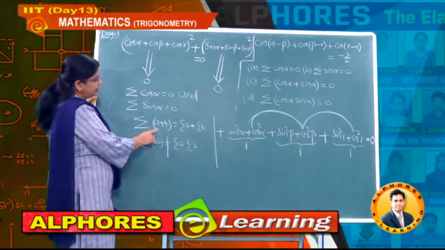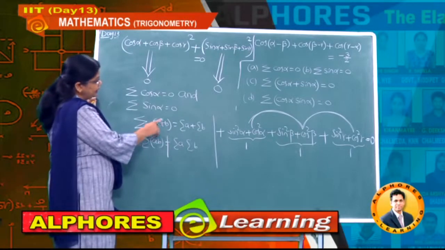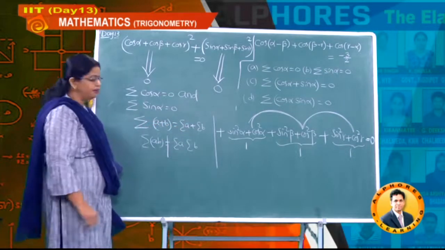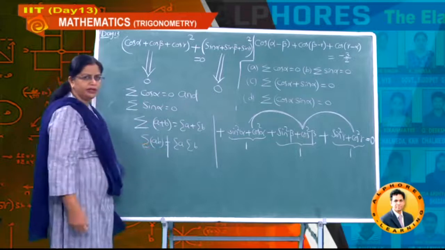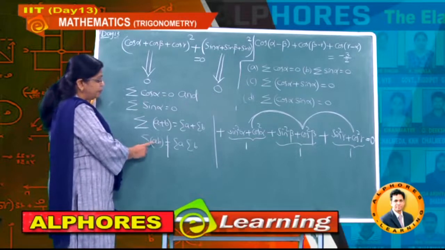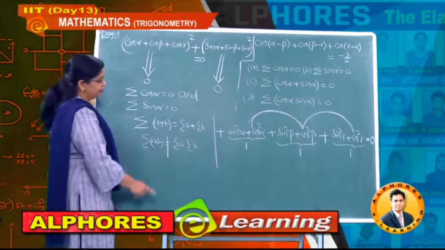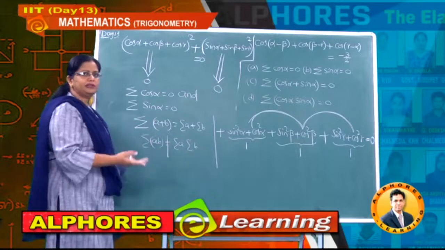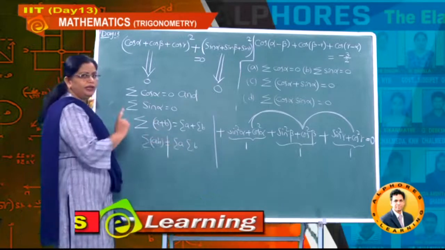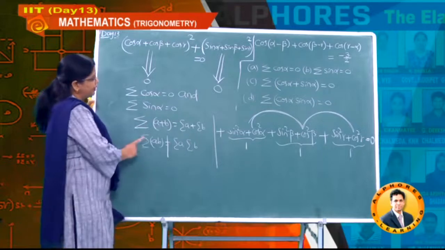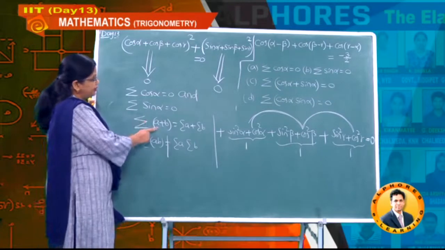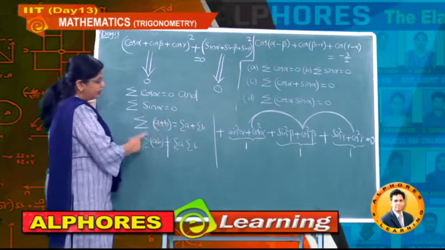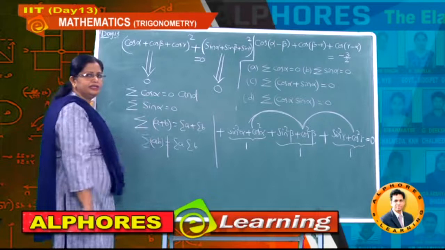Only plus symbol or minus symbol you can separate with a sigma, whereas whenever it is product you have to understand it is AB plus BC plus CA. Whereas if you write here A plus B plus C, again into a plus b plus c, which is quite not equal to this left hand side value. Therefore students, whenever you got this kind of sigma, you can separate for plus symbol or minus symbol, but not for product, even for division also.